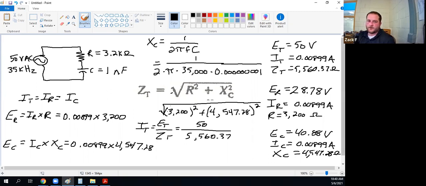And that's where capacitor resistance and inductor resistance do the same thing too.